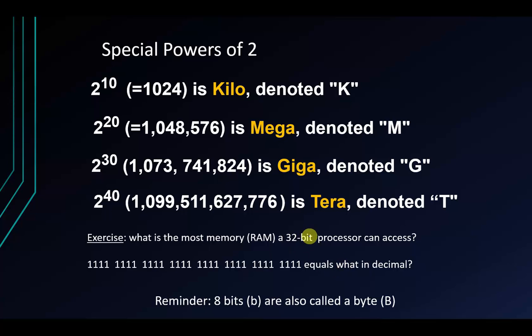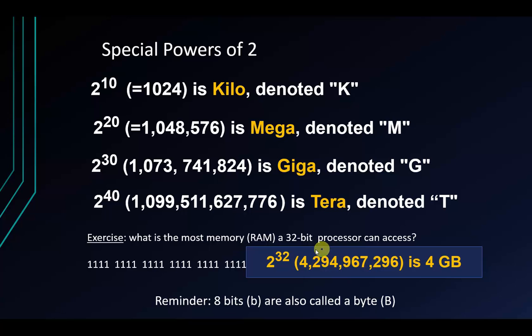So 32 bits would be written out like this in binary. So what does that equal to in decimal? Well, if there's 32 bits, then it's simply 2 to the 32nd, which is this number, which is a total of 4 gigabytes. Therefore, a 32-bit processor can only manage 4 gigabytes of RAM. If you have a 32-bit system and you stick 8 gig of RAM in it, you're wasting your money. It can only see the first 4.